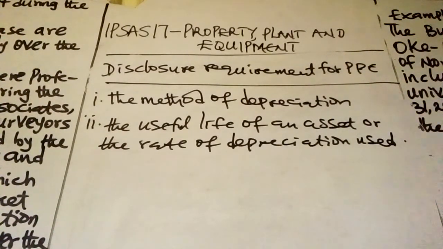Number 3, the measurement basis used in determining the carrying amount of the asset must be disclosed.